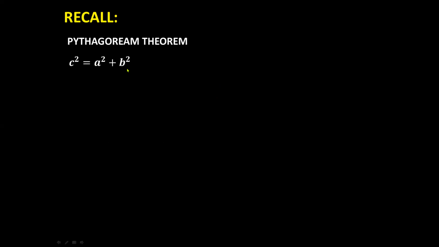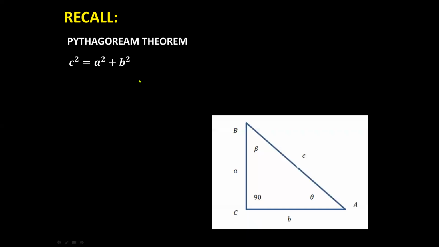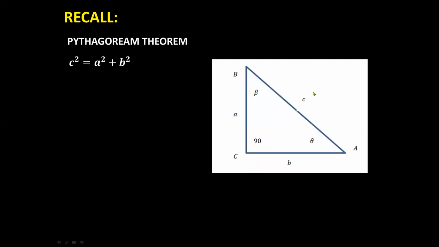A and B are both legs of the given right triangle or any right triangle. Kapag inadd natin ang mga squares ng legs, equal yan sa square ng hypotenuse ng ating right triangle. Siyempre, ito yung ating right triangle. Ang C, ito yung hypotenuse. Kapag in-square natin yan, equal automatic yan sa square ng dalawang leg ng A at saka ng B.